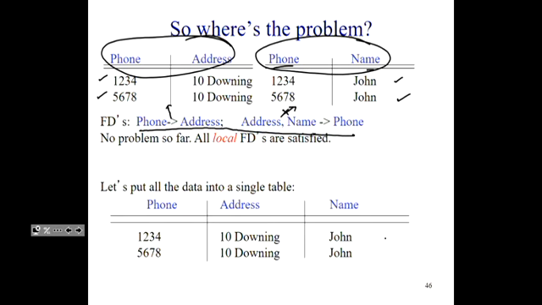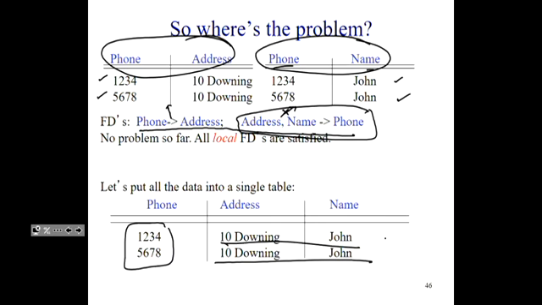But if we go back and look at this second functional dependency, which is address comma name implies phone, we find that there is a violation, right? So you have two tuples with the same values for the left hand side, but not the same values for the right hand side. So even though once you've decomposed it down into these two relations, the two relations themselves satisfy all of the local functional dependencies, when you bring it back to the overall relation, that relation may not satisfy all of the functional dependencies, right?